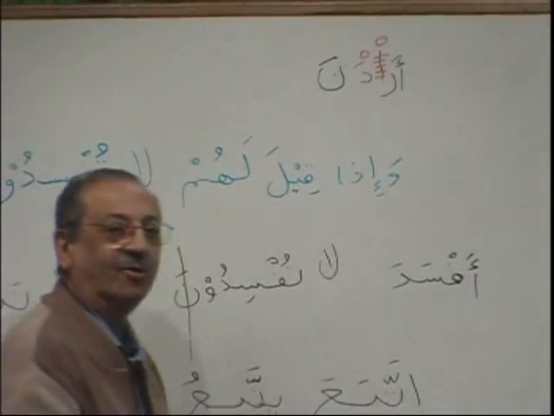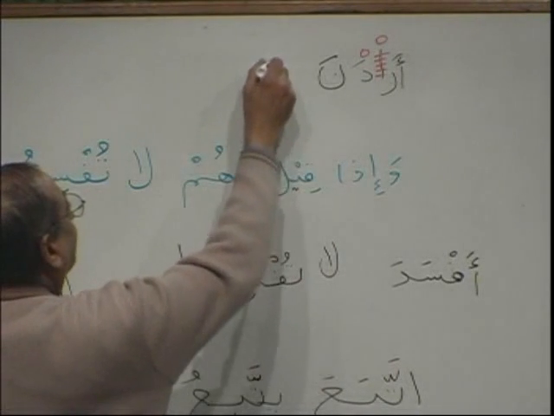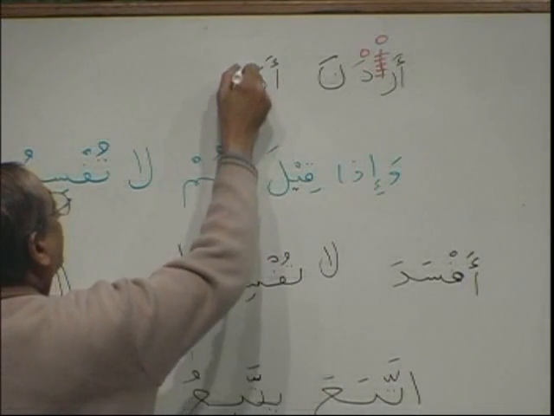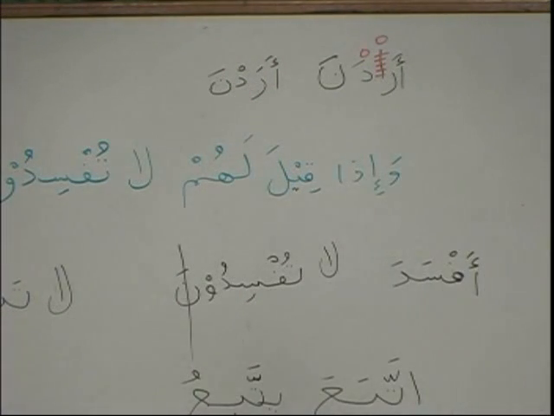So we dropped it, and it became aradna. Are you with me, brothers and sisters? So, if we know aradna, and then aratta, arattuma, arattum, aratti, arattuma, arattunna, arattu, aradna. Are you with me, brothers and sisters?